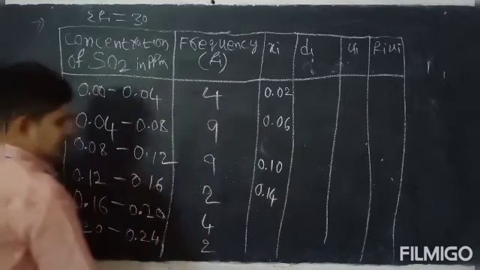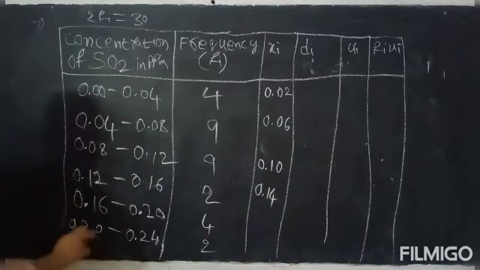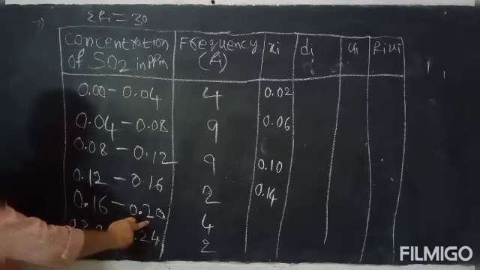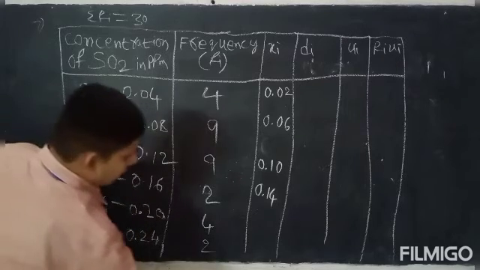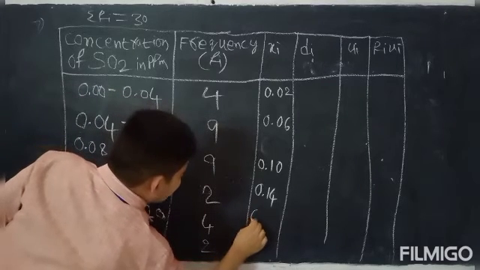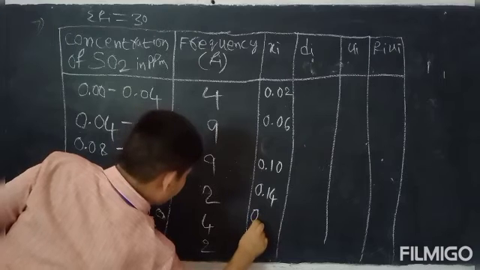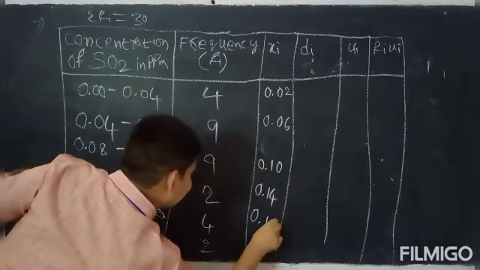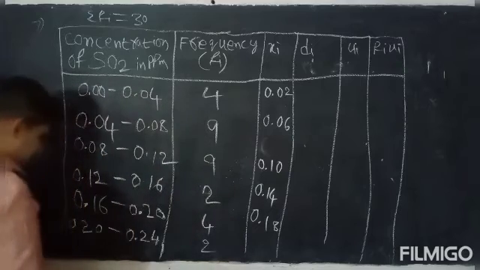Okay? Now 0.16 plus 0.20, 0.36. 0.36 by 2, 0.18. Okay? Next.